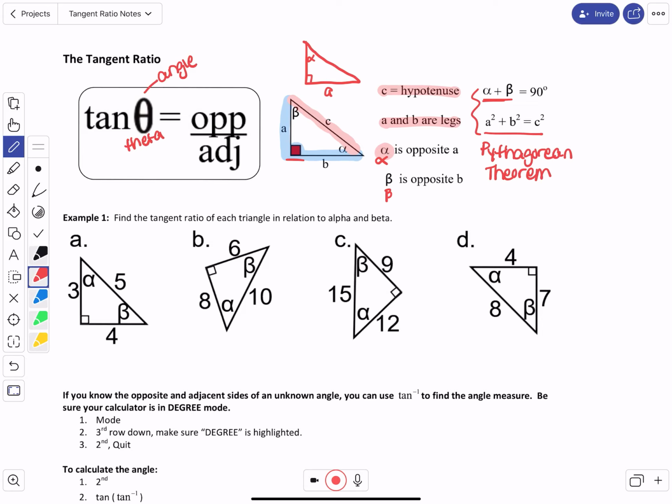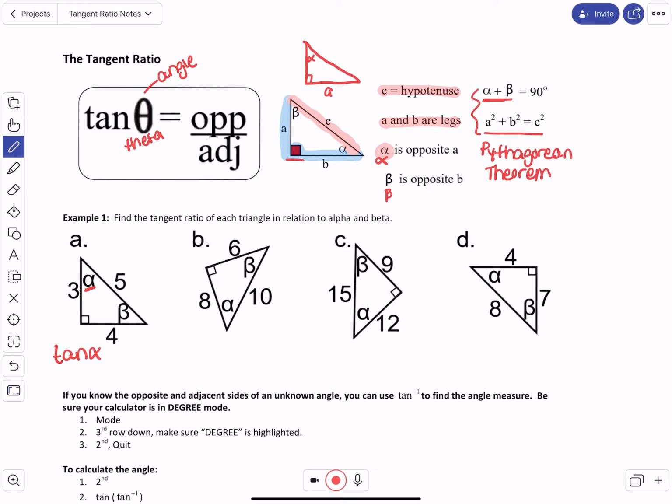So if we find tangent of alpha, theta is just a general term for the angle.